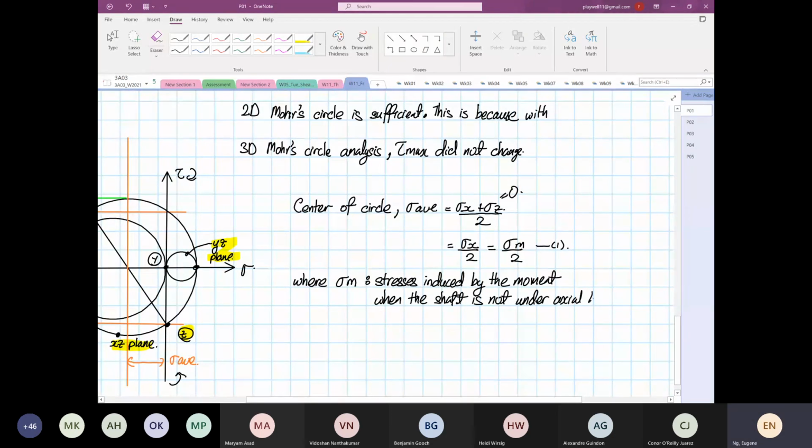So when there's no axial loading, the term that is used is stress M. And that is true in most cases.